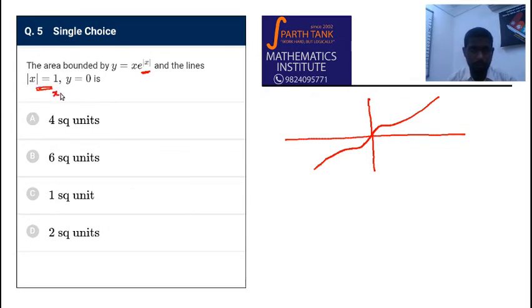Mod x is equal to 1 means x can be minus 1 or 1. So you have x is minus 1 and x is 1, and y is equal to 0 is the x axis. So the area required is this much.